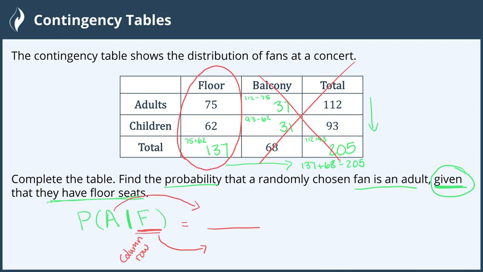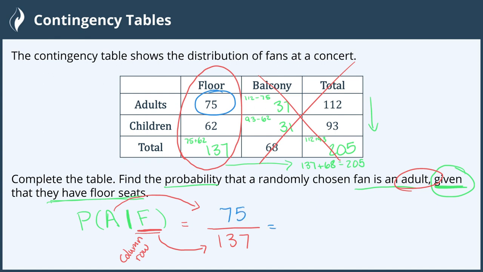The total number of people who have floor seats is 137. And we were asked to find the probability that the randomly chosen fan is an adult. So we'll go look in our table for the adults in the floor, which is right here, 75.